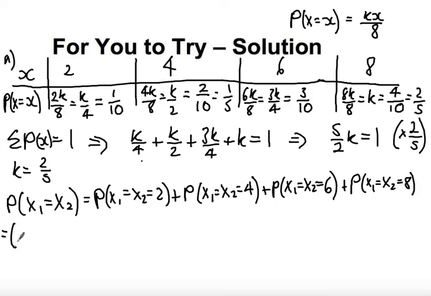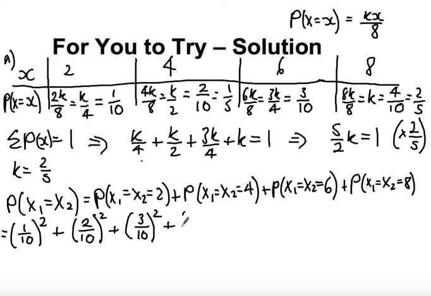So calculating these probabilities, we get 1/10. The probability of it being equal to 2 is 1/10, and we multiply it by itself, so squared, plus the probability of it being equal to 4, which is, and I'm going to work with the tenths because it is a little bit easier, 2/10 squared, because it's multiplied by itself, plus the probability of it being equal to 6, which is 3/10, and that's squared, plus the probability of it being equal to 8, which again is 4/10, and again squared.